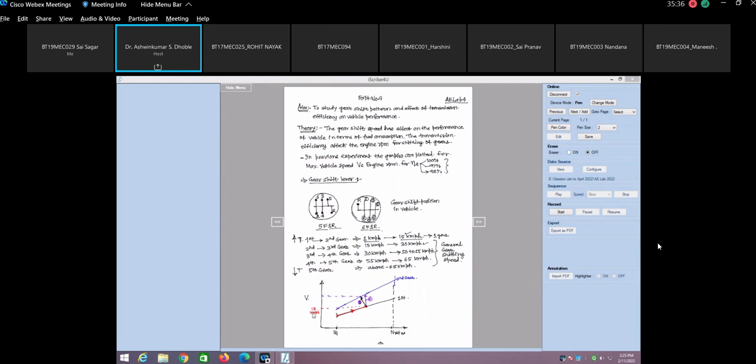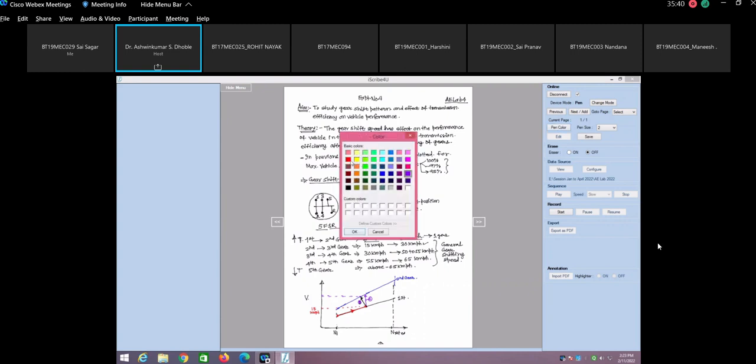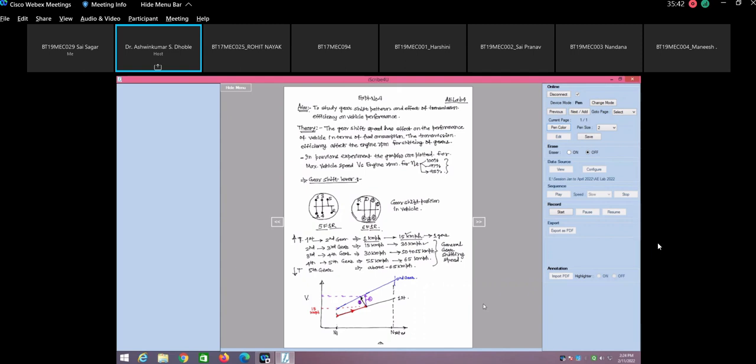So the correct path of shifting the gear is that you trace back along this path, wherever it touches the second gear position, and then you accelerate and move here. So this becomes your logical way.